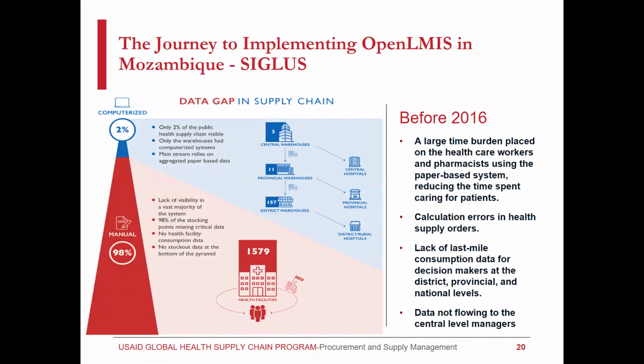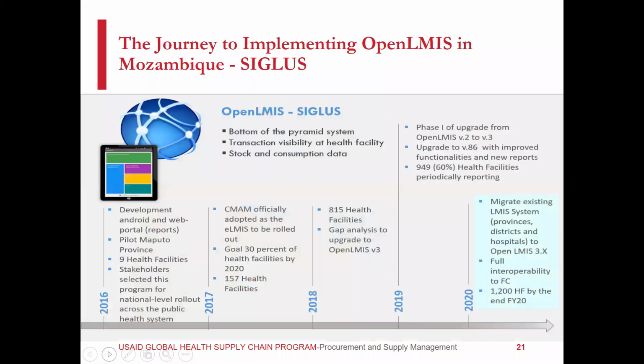Lack of real-time consumption data for decision makers at the district, provincial, and national levels. So data was not flowing to the central level managers, which sometimes contributed to delays in decision making. Okay, we can go ahead.